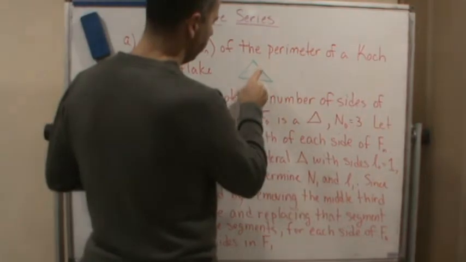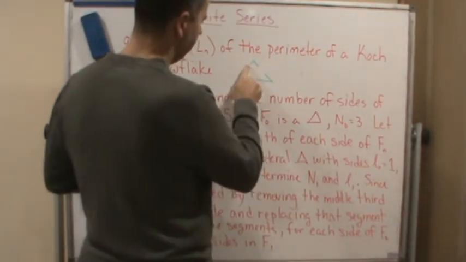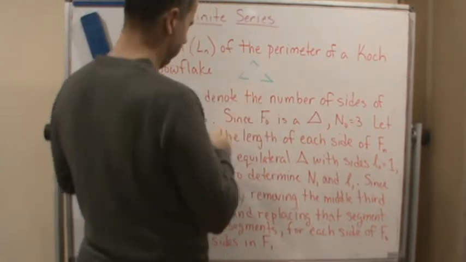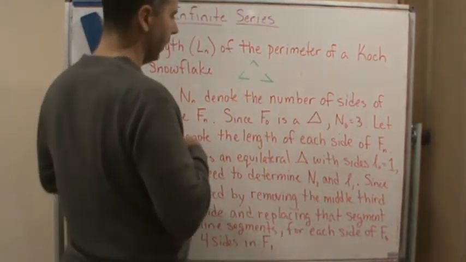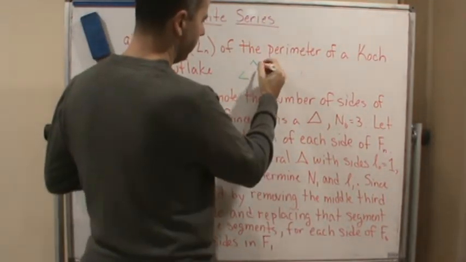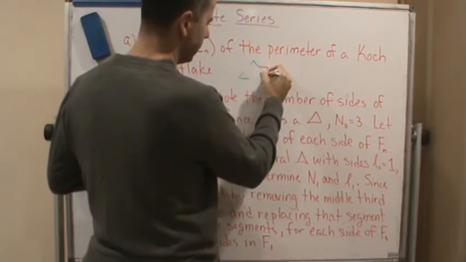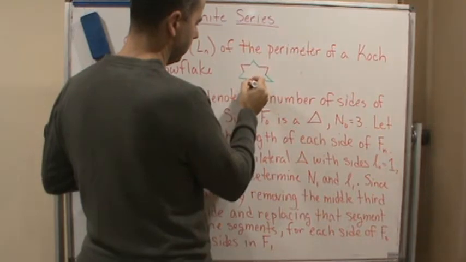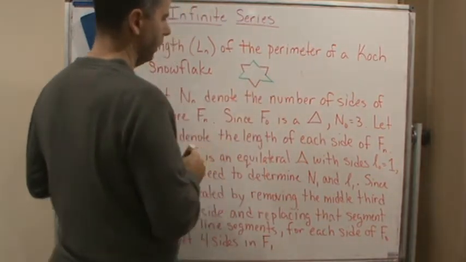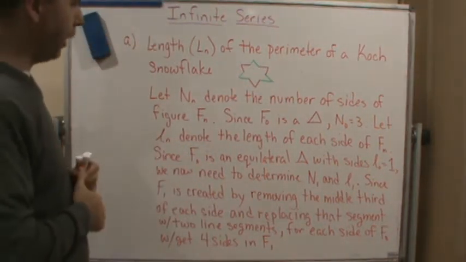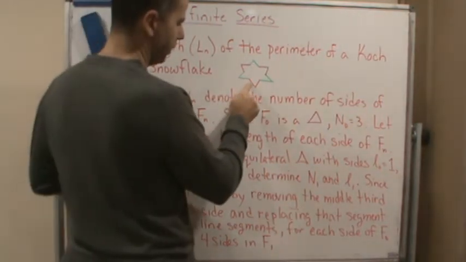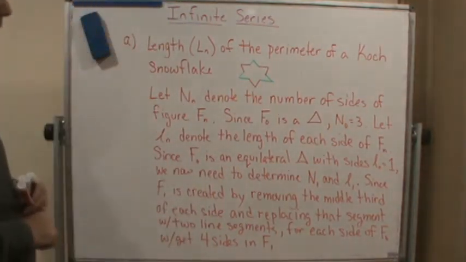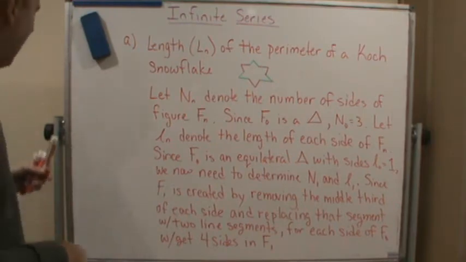Because if you remove the middle third, and you replace it with another equilateral triangle with 2 line segments like this, right? And now basically you've got 1, 2, 3, 4 sides now. Okay? And so what happens with that?